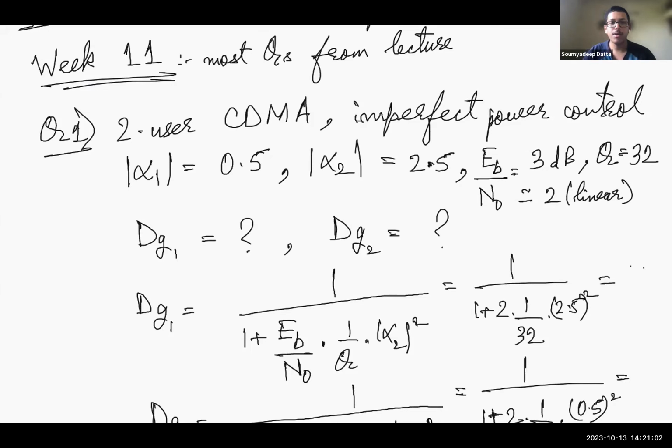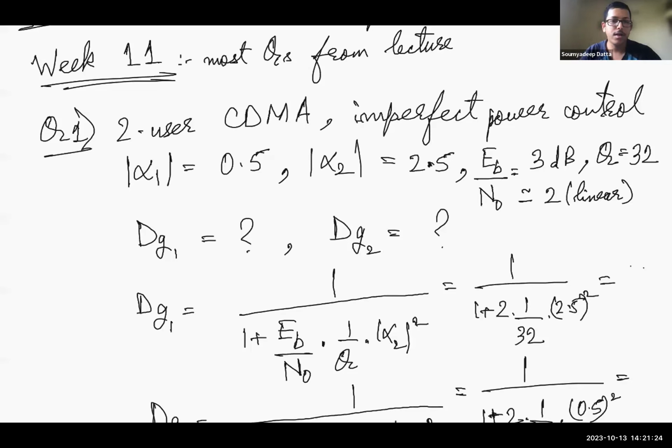And in CDMA, as we know, we have these Gold sequences or Kasami sequences, and they have a certain length, capital Q, the chip length. That is Q given as 32. With that, you have to calculate DG1 and DG2, the degradation factor for user 1 and degradation factor for user 2.